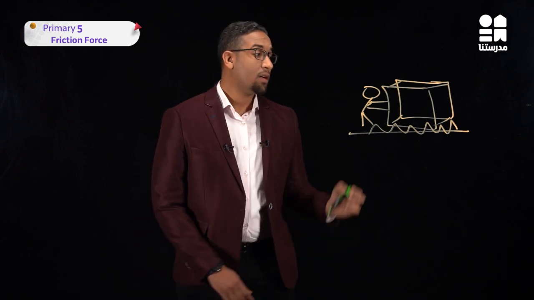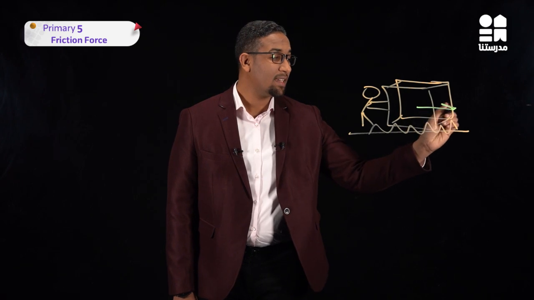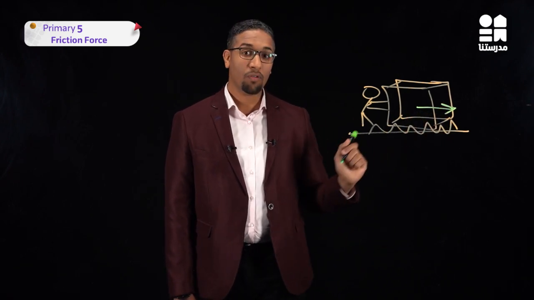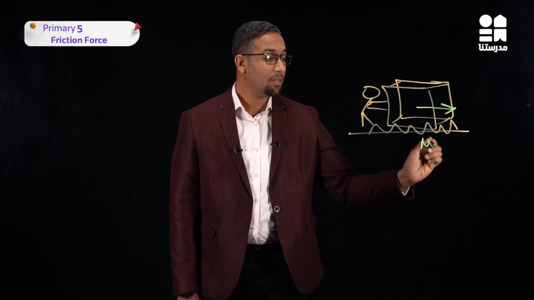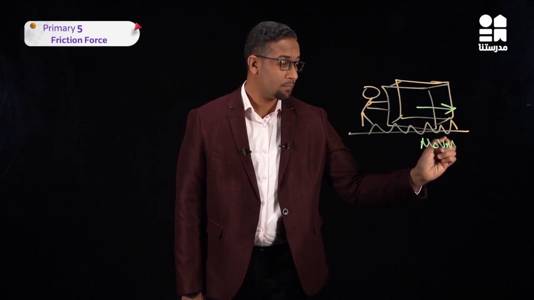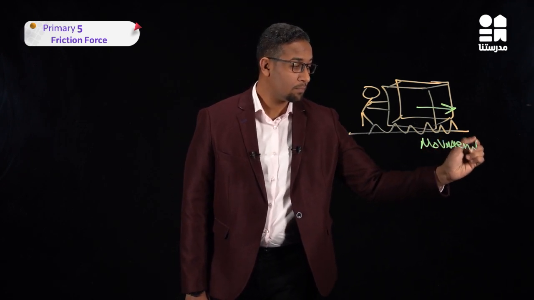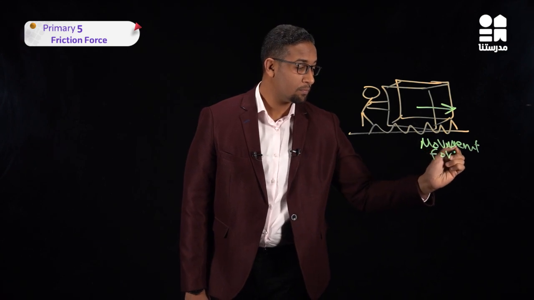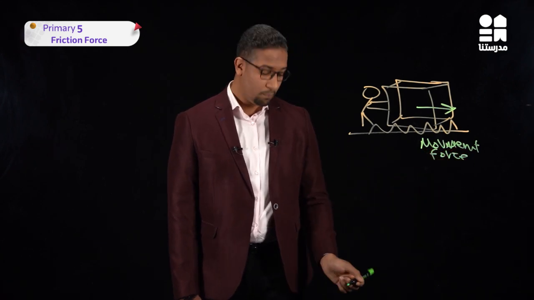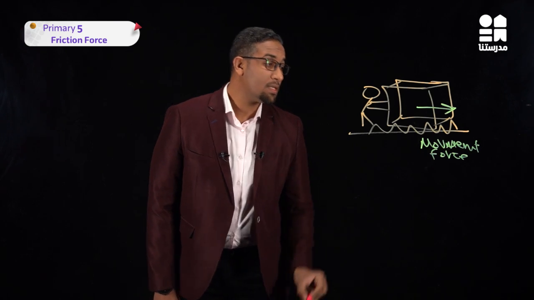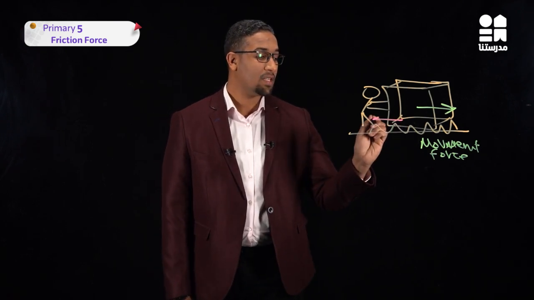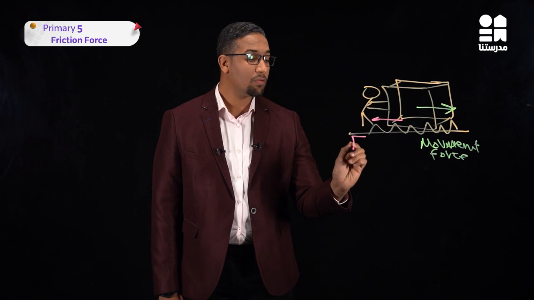So how many types of forces do we have? We have a force acting in this direction of movement, called movement force. Another force acting in the opposite direction, called friction force.